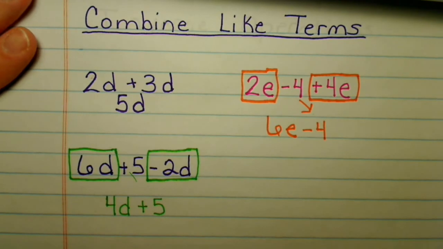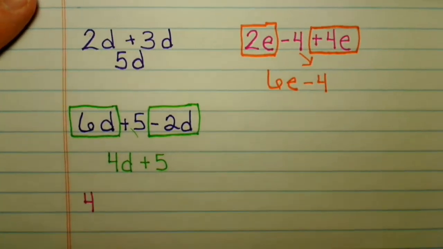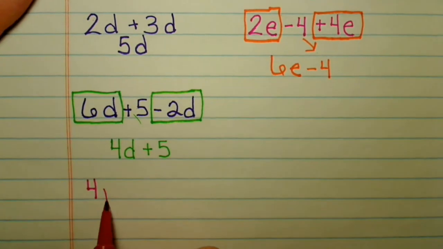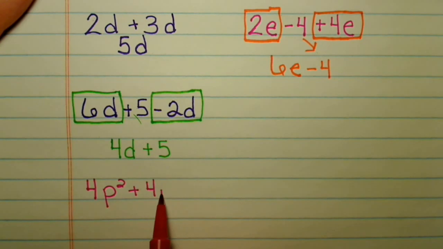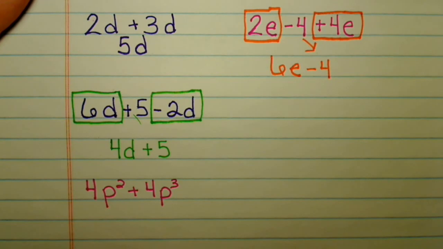And it's the same way if you have a 4p squared plus a 4p cubed, you cannot combine those. Those are two totally different things. So this is your answer. You cannot combine any like terms because you don't have any like terms. They both have a p, but they have different exponents on them.